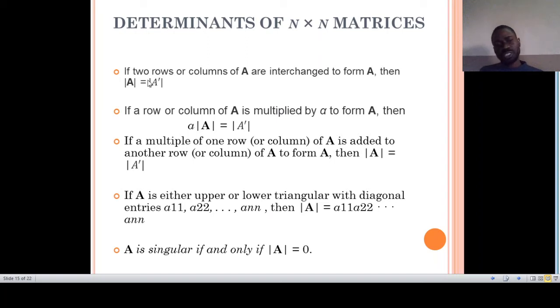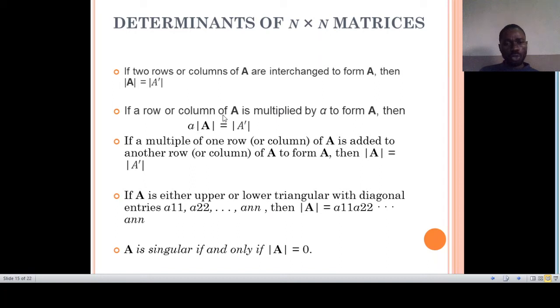Let me give you this theorem. If two rows or columns of a matrix A are interchanged to form A', then the determinant of A is equal to the determinant of A'.